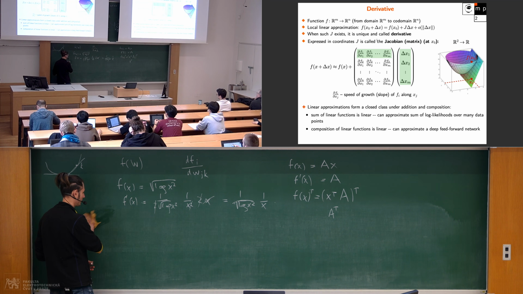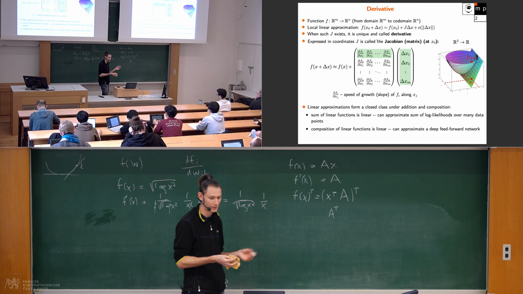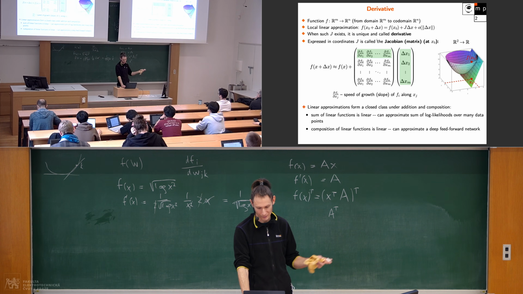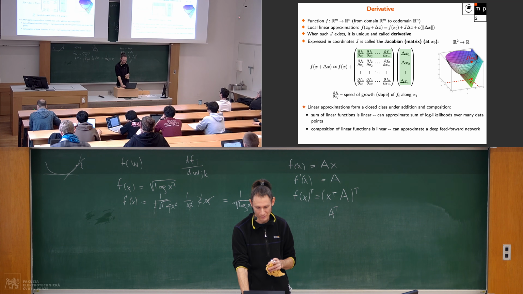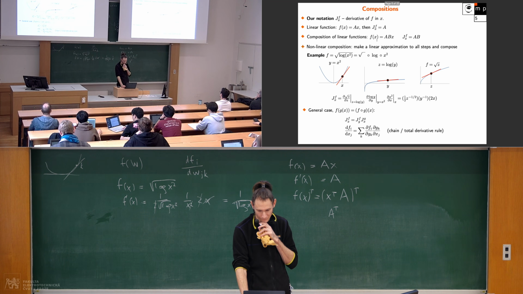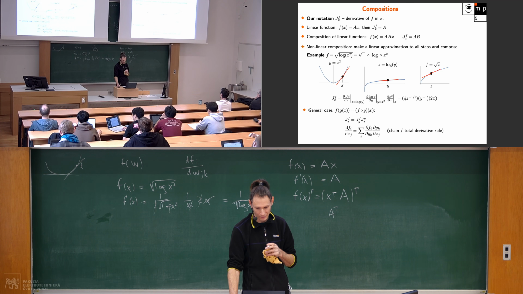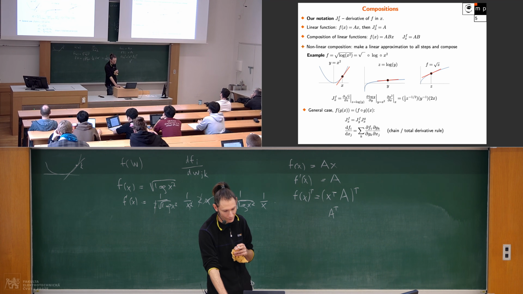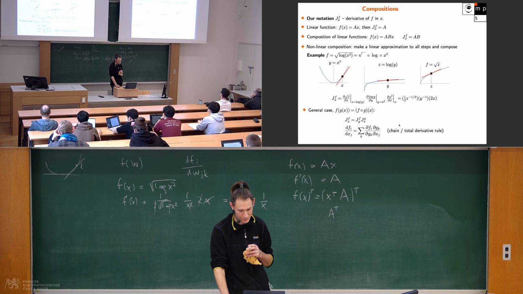Instead, we need derivatives with respect to different parameters or different intermediate variables in our computation. So we're going to use the notation J_f with respect to x, which is the derivative of function f in variable x. And now this formula should make sense.